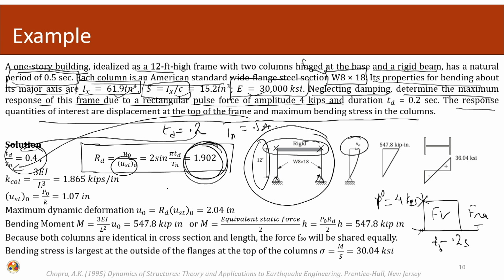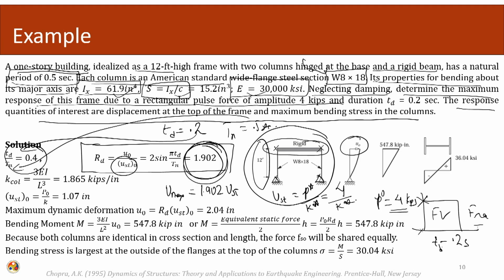So, U max absolute equals 1.90 times U static. And U static we can calculate from P star and K star. P star is given by 4, and K star we need to calculate.